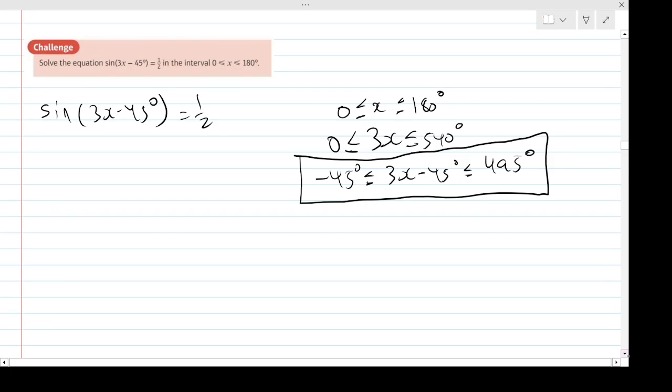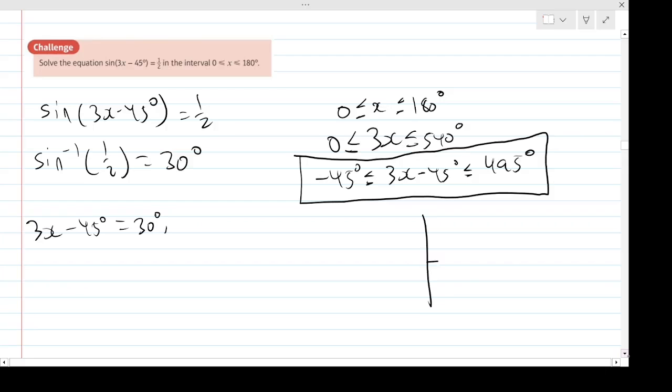Okay, so then we're going to do the normal way. If we firstly do inverse sine of a half, we get 30 degrees. So that means my first solution for 3x minus 45, for my angle here, is going to be 30 degrees. To find the other solution, we can consider the sine graph again, between 0 and 360. 30 is going to be about there.